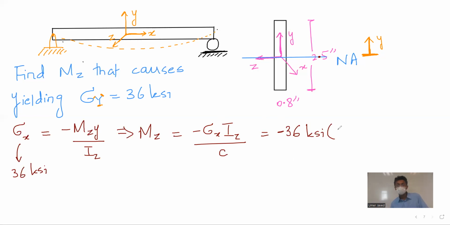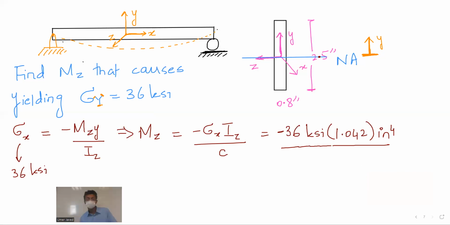IZ is 1.042 inch power 4, divided by C. What is the value of C? It is 1.25 inches. That is the maximum distance. So MZ comes out to be 30 kilo pound inches.